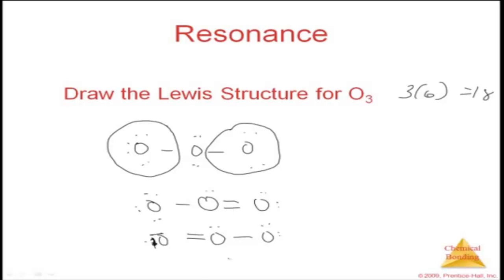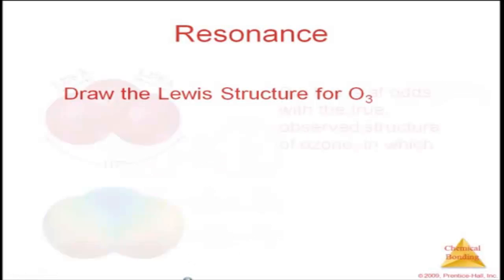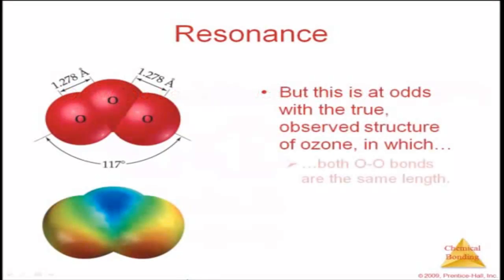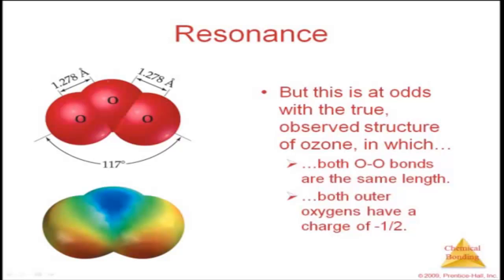But what you would expect then is that this is a symmetrical molecule, that the bond length here is going to be less than the bond length here. But as it turns out, that's not the case. Data shows that the bond length for both bonds is exactly the same, and that in fact it's a symmetrical molecule.